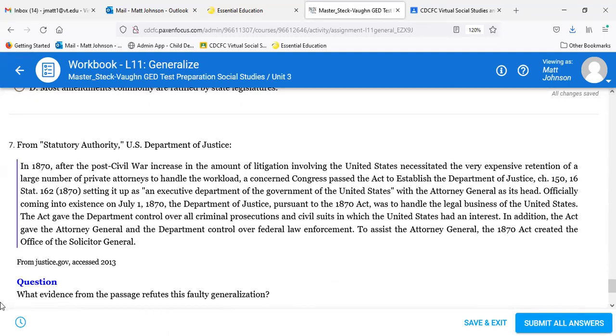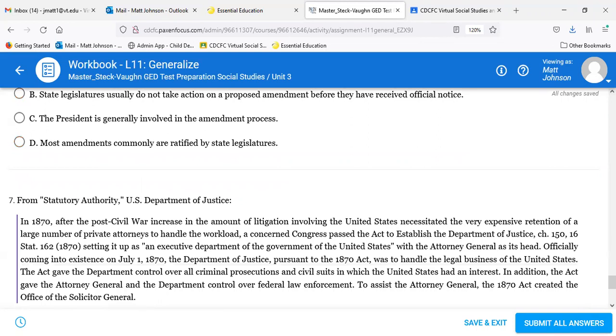And I'll finish out here with the last passage. From statutory authority, the U.S. Department of Justice.